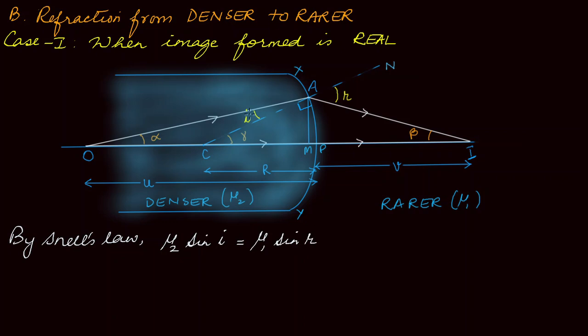Because mu2 and I are on the same side, in the same medium. So mu2 and I also must be on the same side of the equation. Mu1 and R are on the other side. Please remember that. Once you make a mistake here, then everything will be a mistake. No point continuing once you make a mistake here.